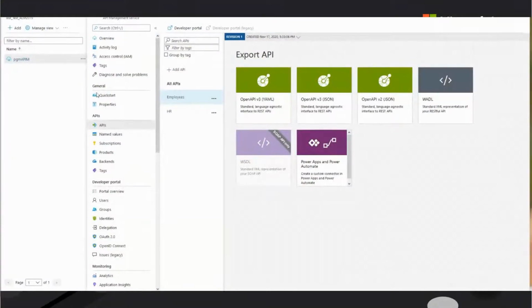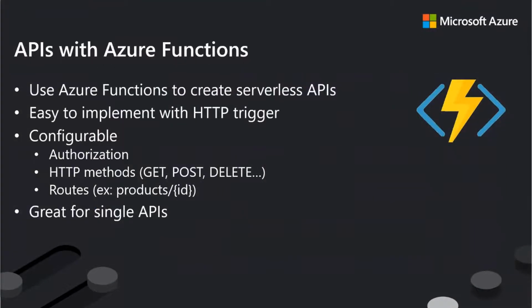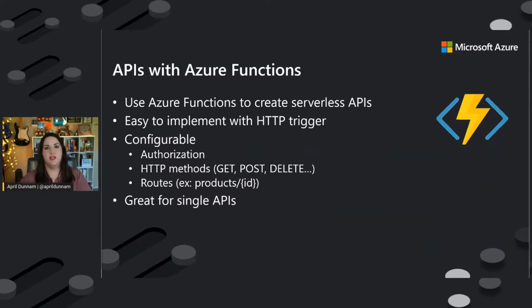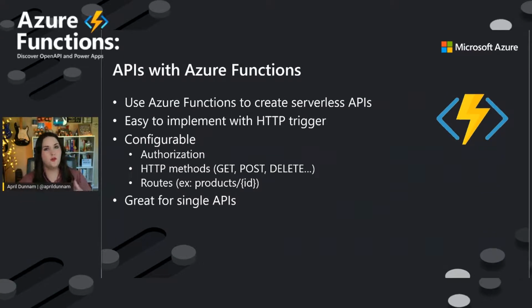It's really, really awesome. Okay, and then lastly, we've talked about custom connectors and why you might use them, the different ways, whether with an OpenAPI document or with Azure API Management. Now, where does Azure Functions come into play with this? Well, as we know, we can use Azure Functions to create serverless APIs. Big benefits are that they're easy to implement thanks to the HTTP trigger.